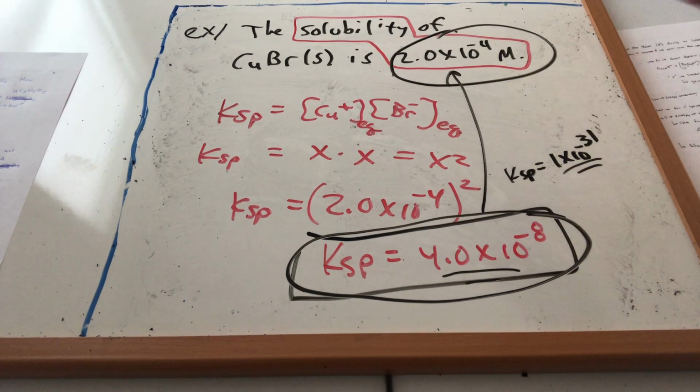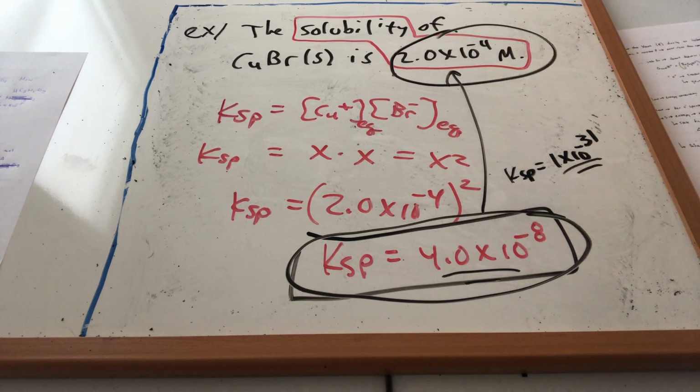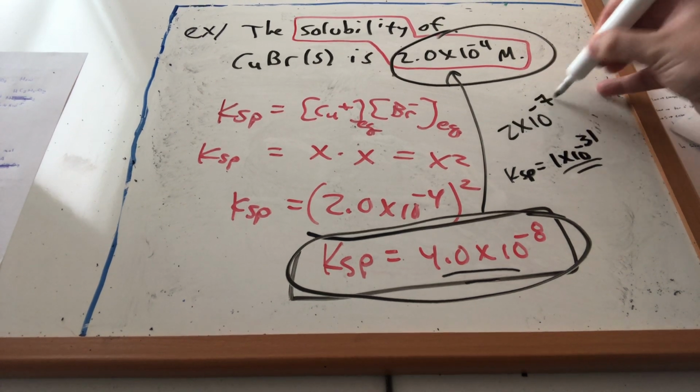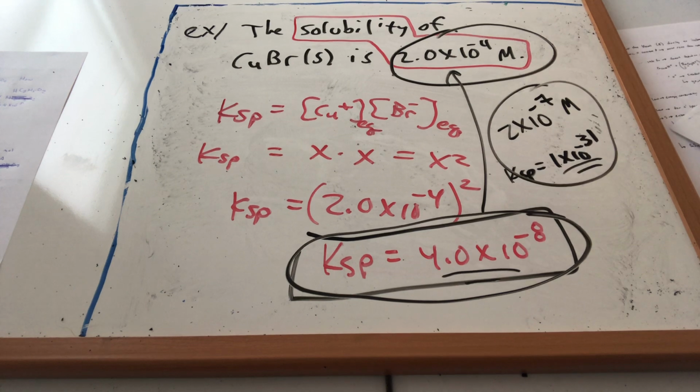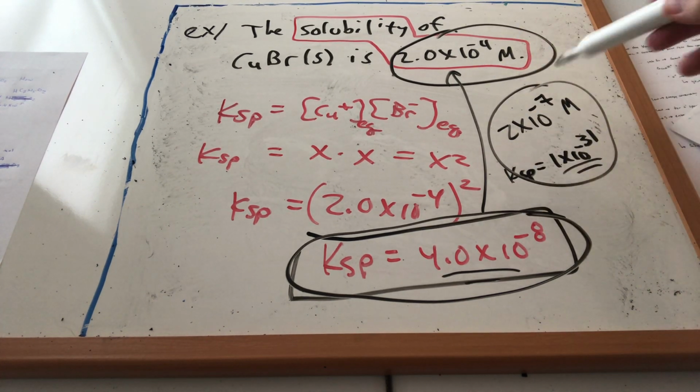Associated with this KSP, and stoichiometry does complicate things, was 2.0 times 10 to the minus 4 molar ion concentration. It puts that many ions in solution, right? With this KSP, looking at that last example we did, we got 2 times 10 to the minus 7 molar ion concentrations. So the magnitude of K tells you how likely you are to dissolve.